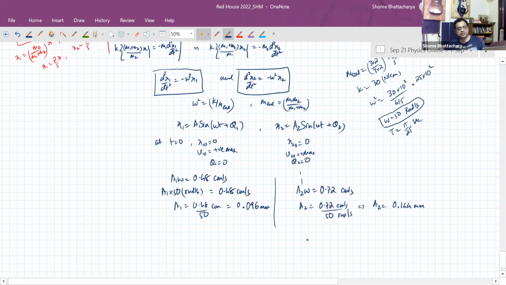So maximum compression or extension of the spring will be A1 plus A2.